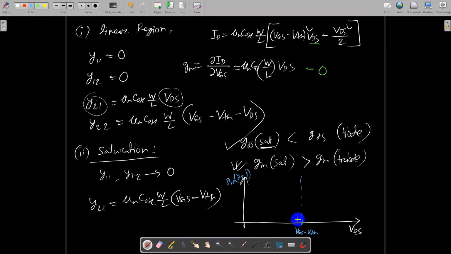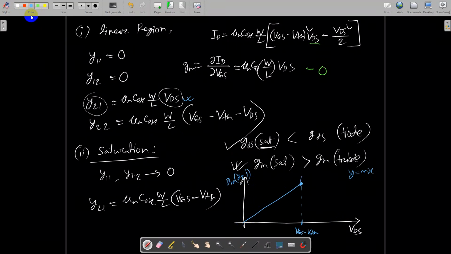When your VDS is less than that voltage, your GM is proportional to this VDS. So this curve will look like y equals mx, a straight line through the origin.